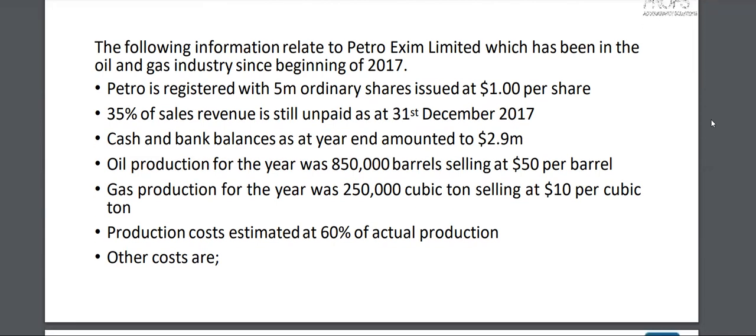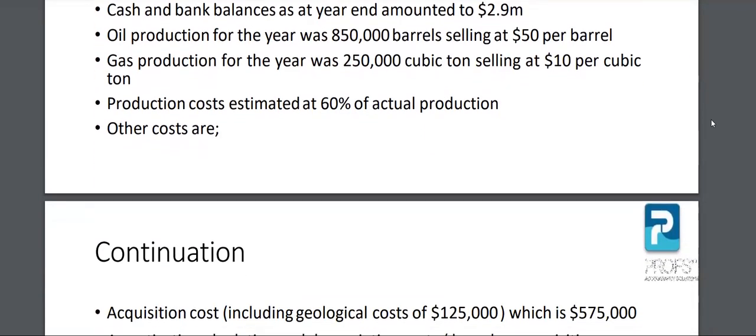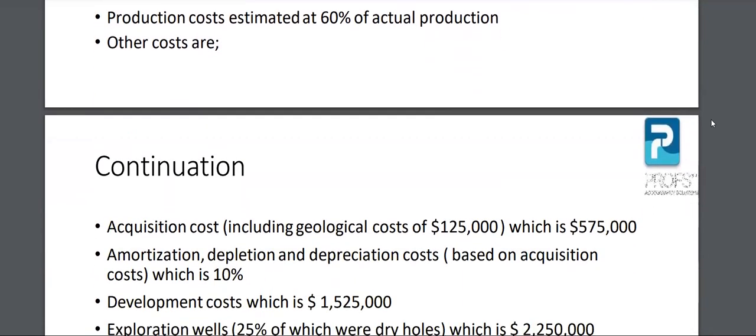Cash and bank balances as at year-end amounted to $2.9 million. Oil production for the year was 850,000 barrels, selling at $50 per barrel. Gas production for the year was 250,000 cubic ton, selling at $10 per cubic ton. Then production cost is estimated at 60% of actual production.